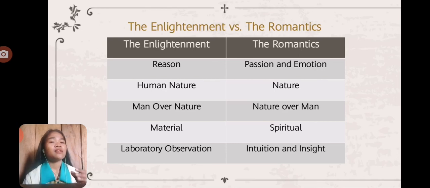So man over nature is for the Enlightenment, and nature over man is for the Romantics, because they believe that nature is powerful, right? The Enlightenment, material, and the Romantics, spiritual. The Enlightenment for laboratory observation, because they believe in facts and science, right? While the Romantics for intuition and insight.